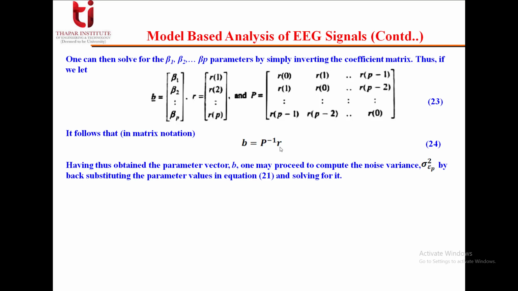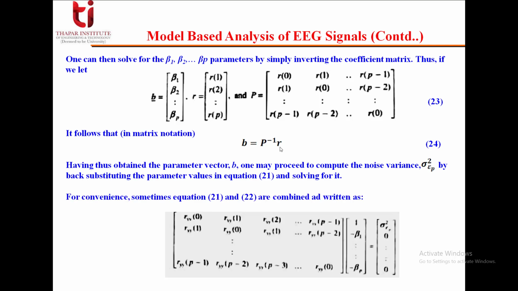For convenience we can use this equation; it is the same equation for that number of parameters, and from that we can calculate sigma epsilon p square. You can use this matrix relation as well.